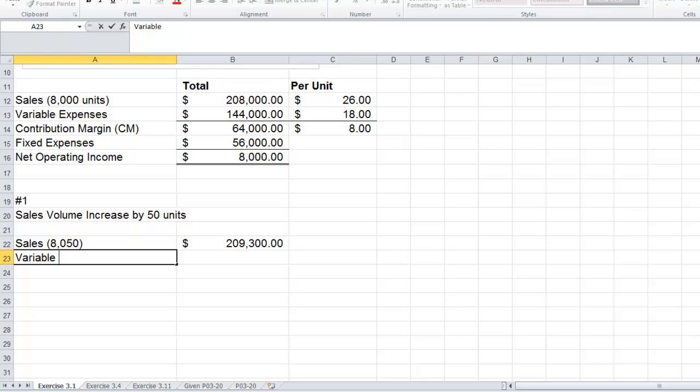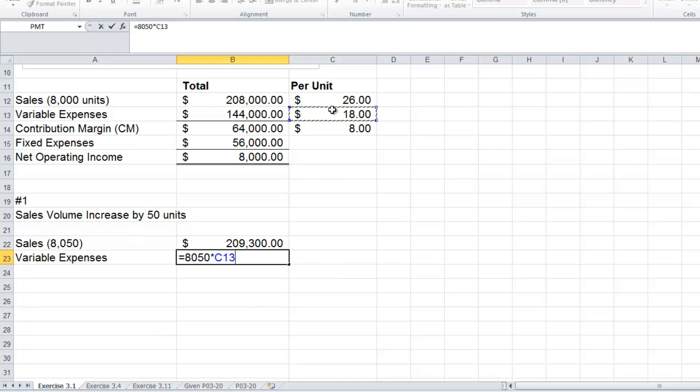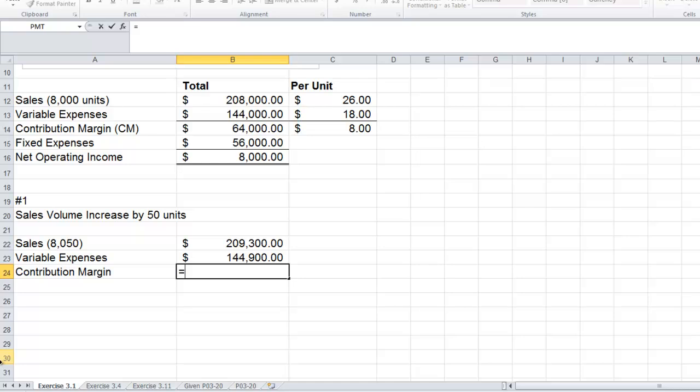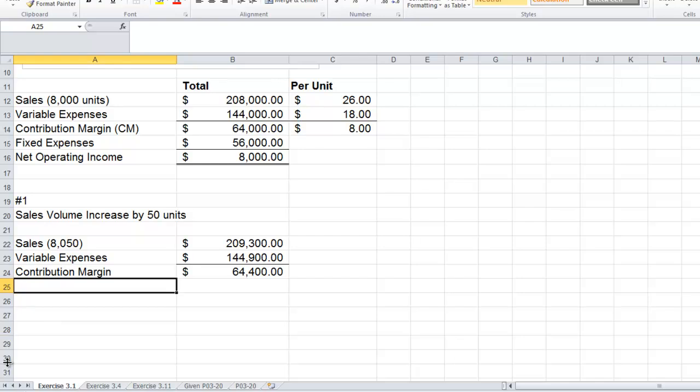Now we have variable expenses, and that's 8,050 times $18 per unit. Then we have contribution margin, which is our sales minus our variable expenses, or 64,400. Then we have fixed expenses.